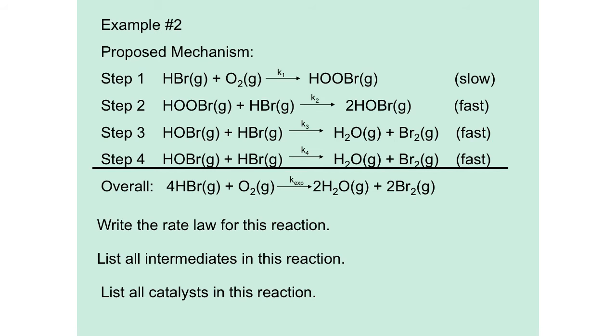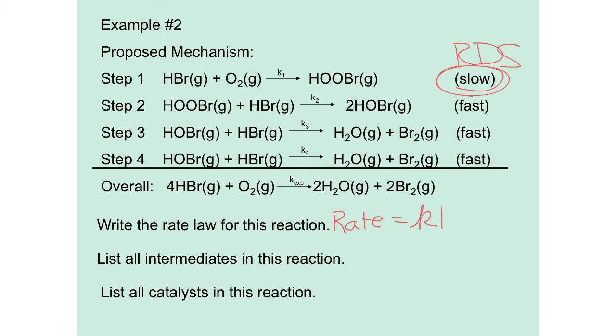All right, so we have another example here. So this is a four-step mechanism. And notice they tell us the first step is slow. So the first step would be the rate determining step, and then we have our other steps. So write the rate law for this equation. Well, that would have to be based upon my slow step, the rate determining step.